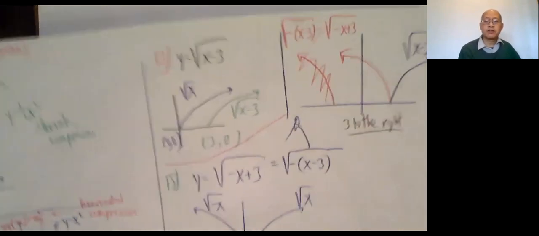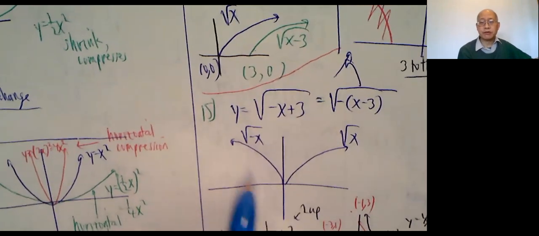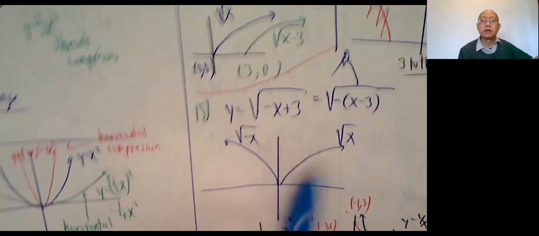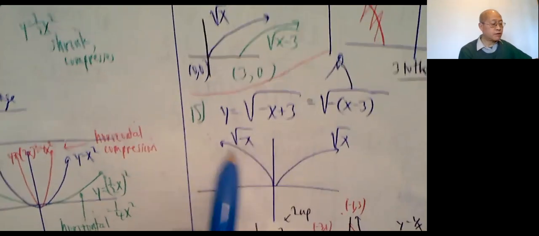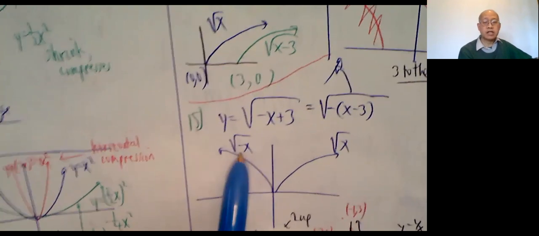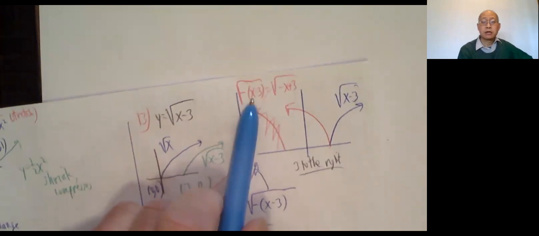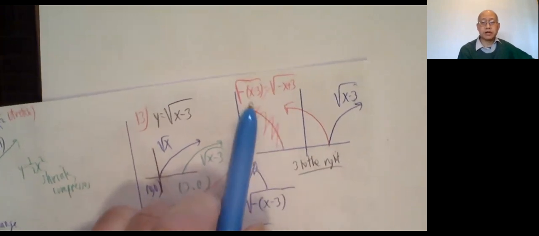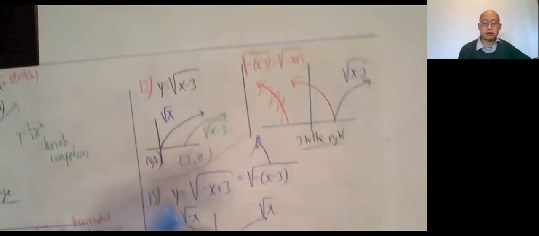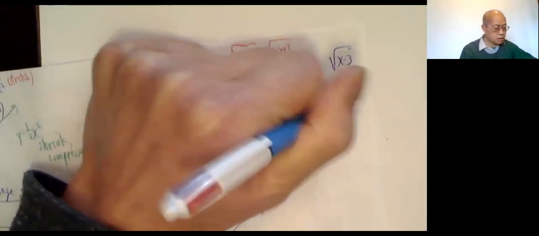From problem 15, I had square root of x, square root of negative x, and then if I change x to parentheses x minus 3, which is the same as the original, I'm supposed to go 3 to the right. I ended up going 3 to the left. So it should be like so. And this is the point 3, 0.